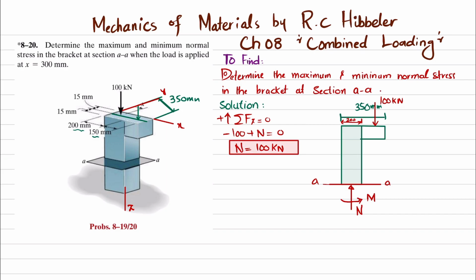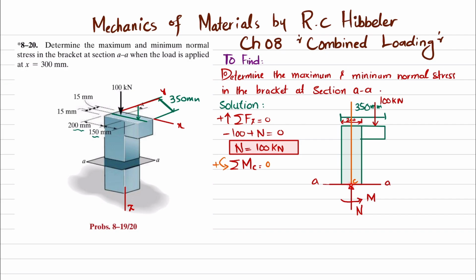Now we will find this moment. The sum of all moments about point C is equal to 0, where C is the center line of this section, taking counterclockwise moment as positive.